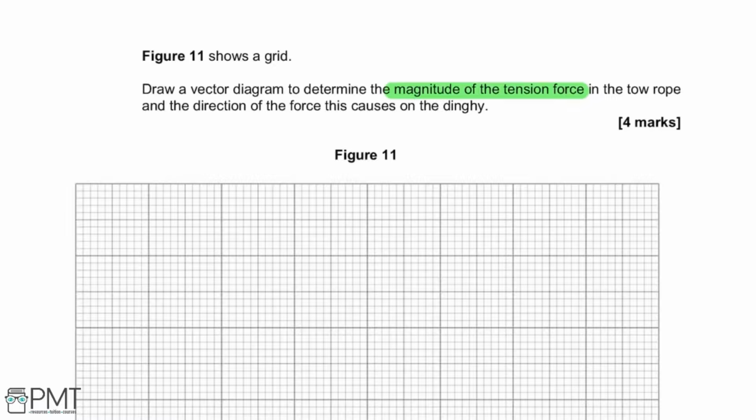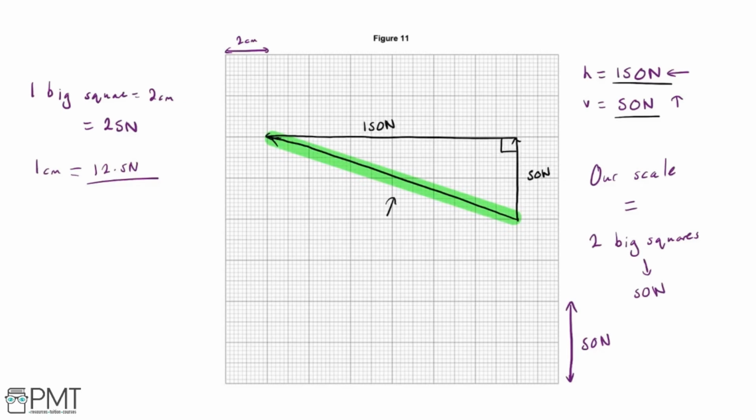The other value that we are asked for in the question is the direction of the force. So for this, we're looking for an angle above or below the horizontal. We know that the vertical component of this is acting upwards, and so we want an angle above the horizontal. So we want to find this angle here. I'm just going to call that theta for now.